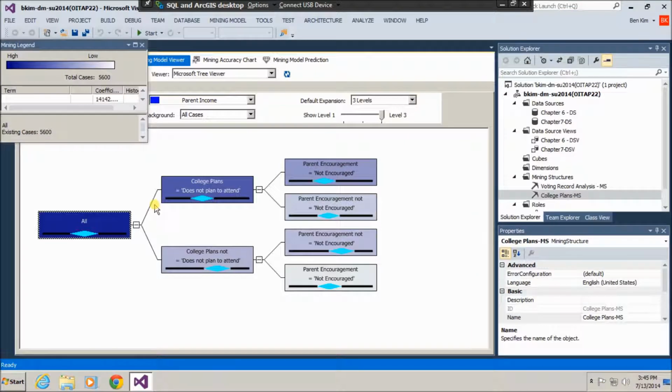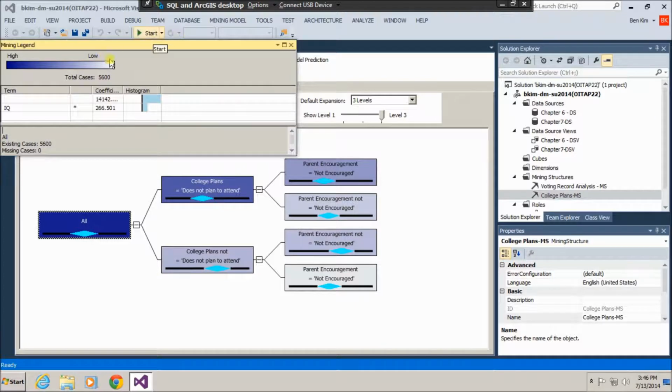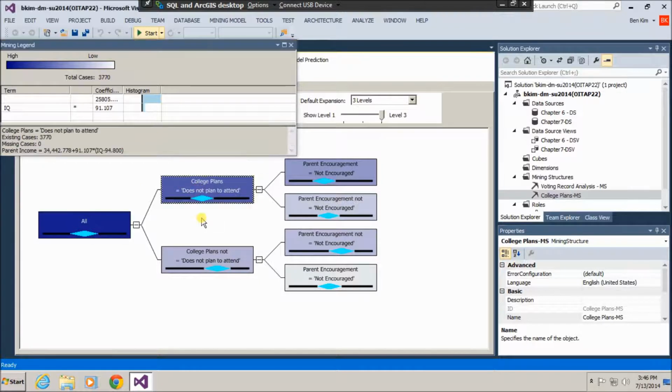The decision tree algorithm by Microsoft actually provides a nonlinear regression functionality. So let's take a look. This one, as we saw here, shows a simple linear regression between IQ and the parent income. Let's look at these two nodes.